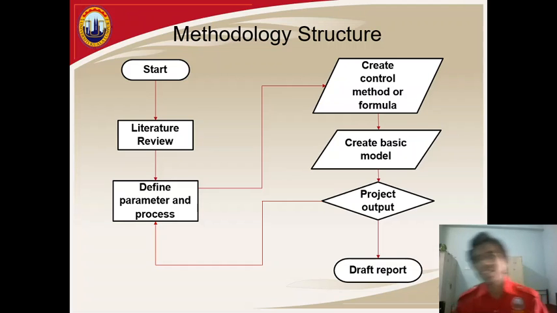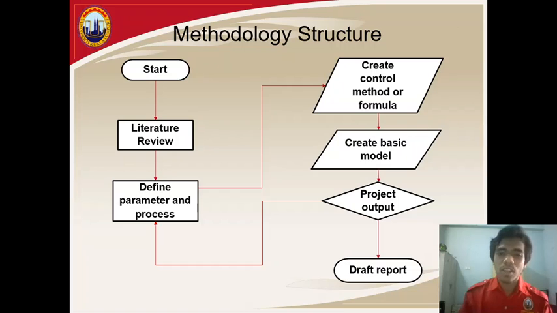After creating the basic model, of course we want the output of the project, and if the output is suitable or what we want, then definitely go and draft the report directly.